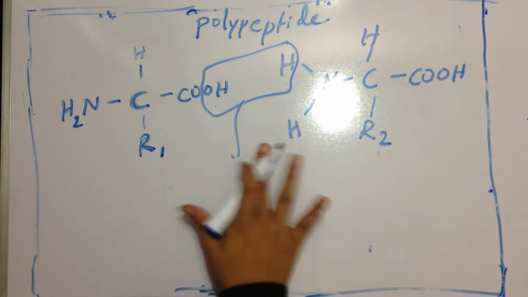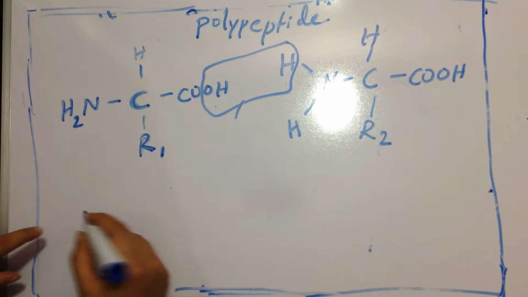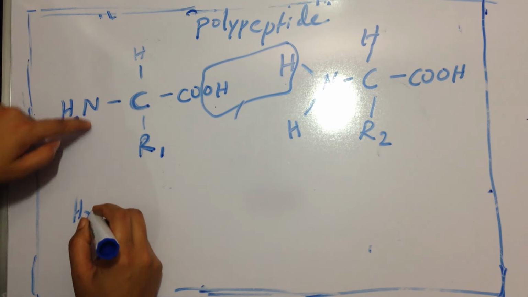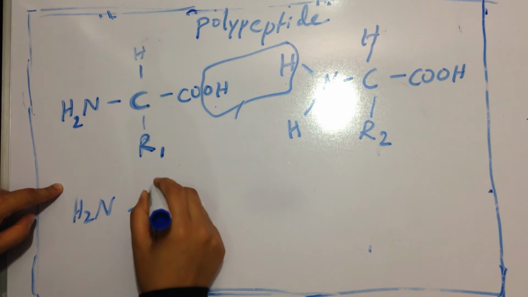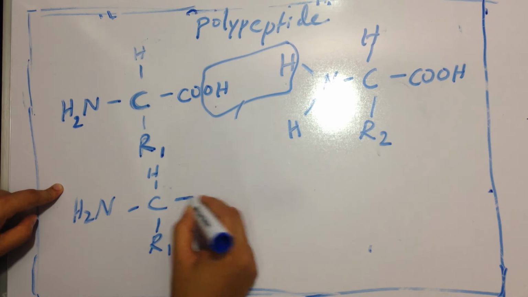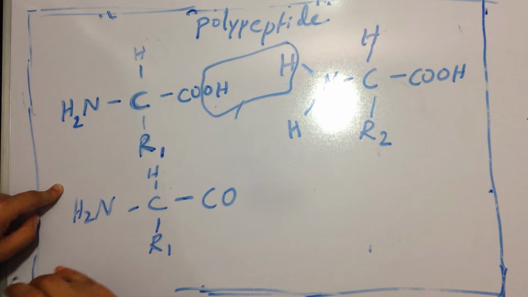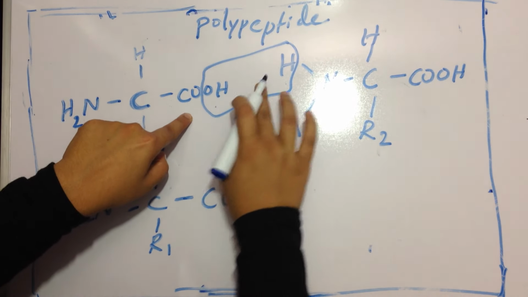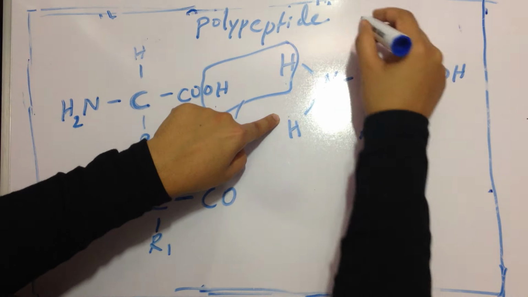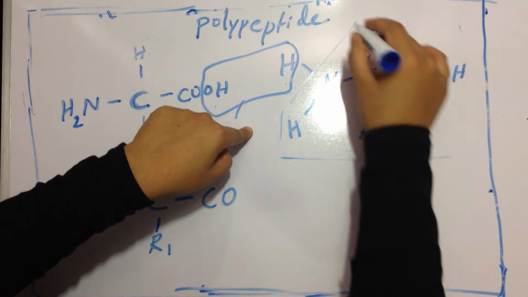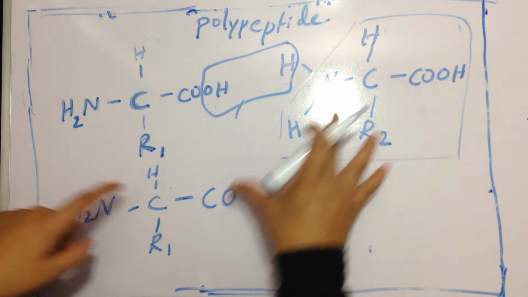I will write down the structure again. I'm going to repeat this here, H2N. Nothing happens here, so I can write it as it is, CO, and here this OH and H is released, so the remaining is this. So I can join this part to this molecule.